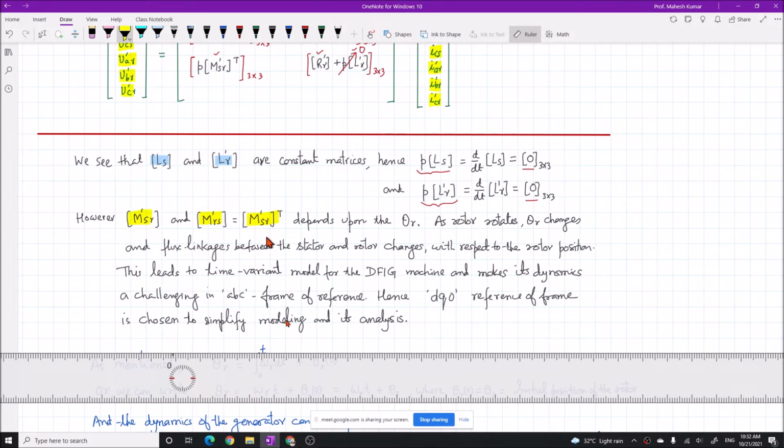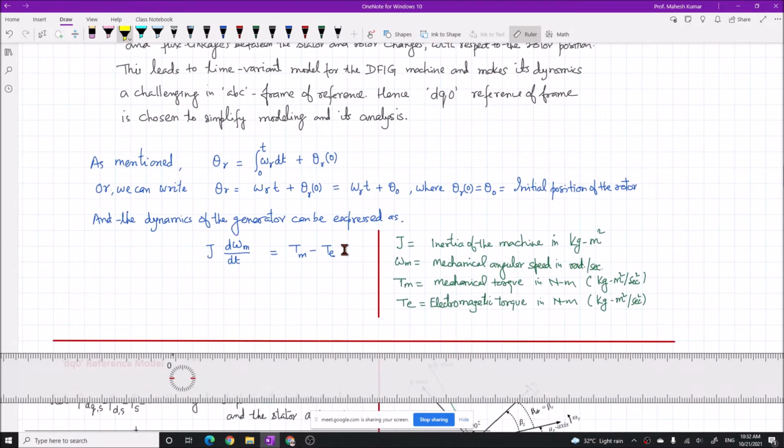As we have found their matrices, they are functions of theta r and therefore change with time. Hence the rate of change of these inductances cannot be 0, and we have to take their values as such, because as the rotor moves, theta r changes, and the flux linkages between the stator and the rotor change. Keeping these facts in mind, we can find the other parameters.